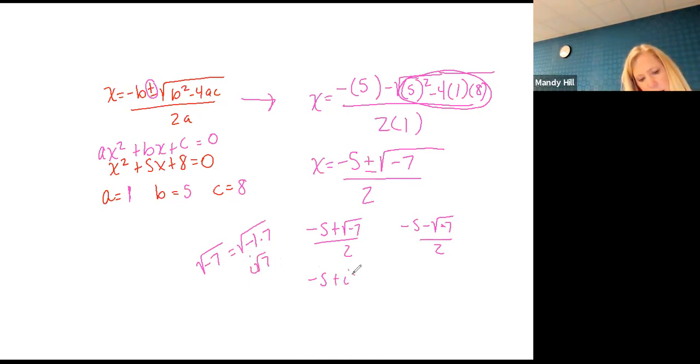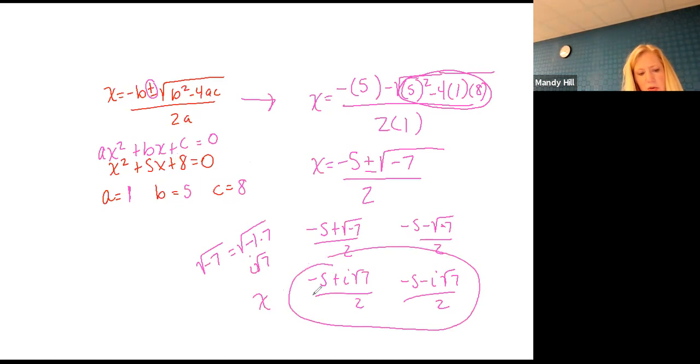So negative 5 plus i square root of 7 over 2, and negative 5 minus i square root of 7 over 2, because that's going to end up being imaginary. Okay, so those are our two answers. x is equal to both of those things.